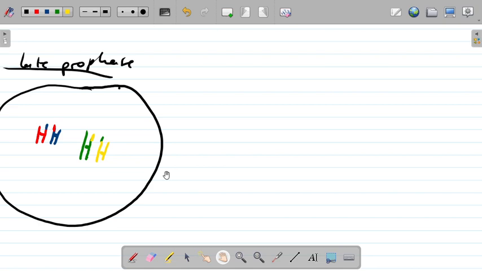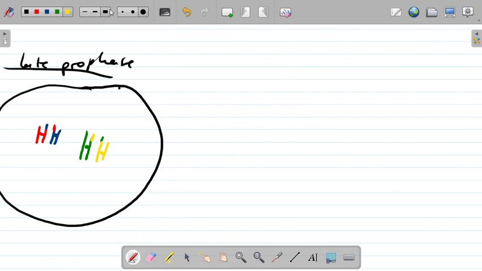During metaphase, remember the spindle fibers from the centrosome or centrioles will now attach to the centromere of each chromosome, right? As these chromosomes now start to move to the equatorial region of the cell, right? And then by metaphase, you'll find that all of the chromosomes are now at the equatorial region of the cell.